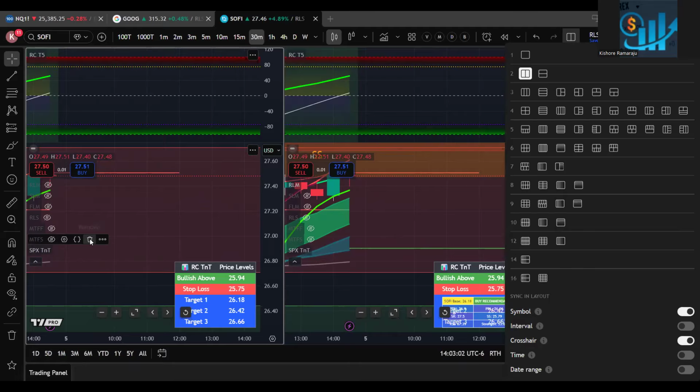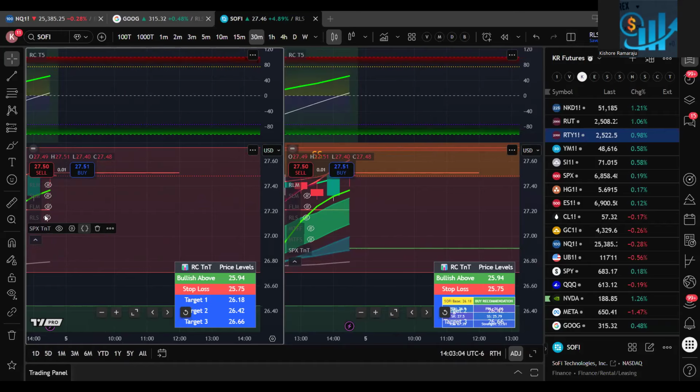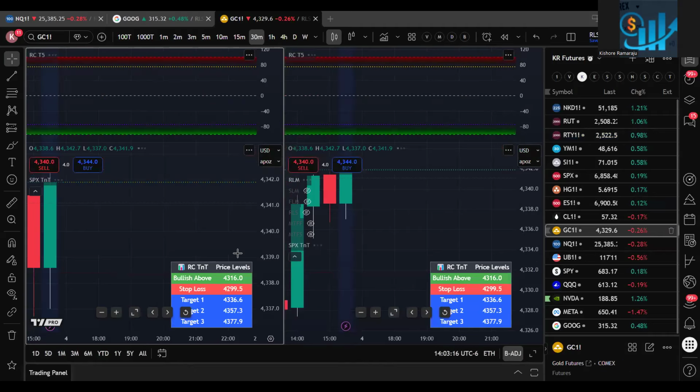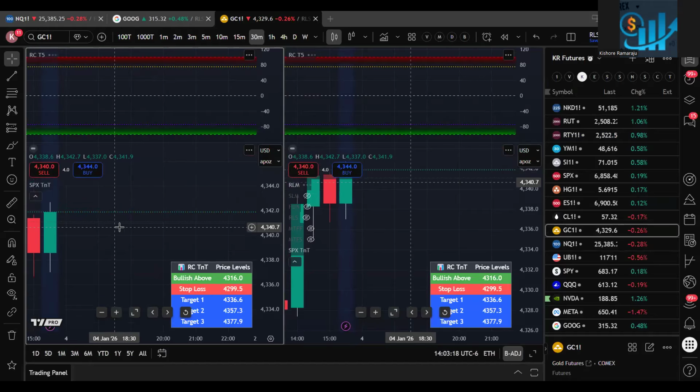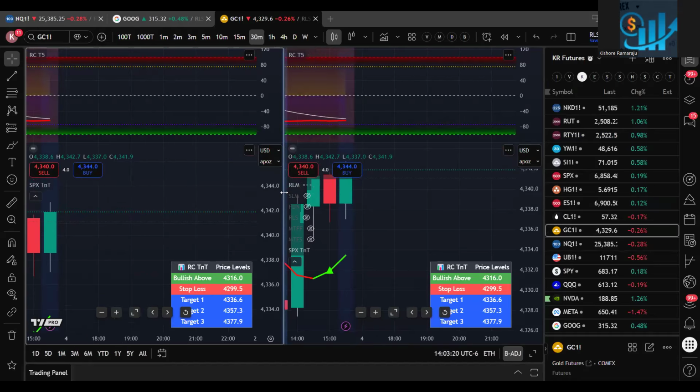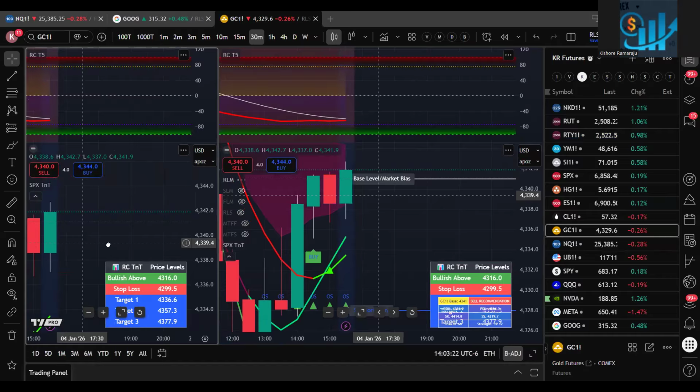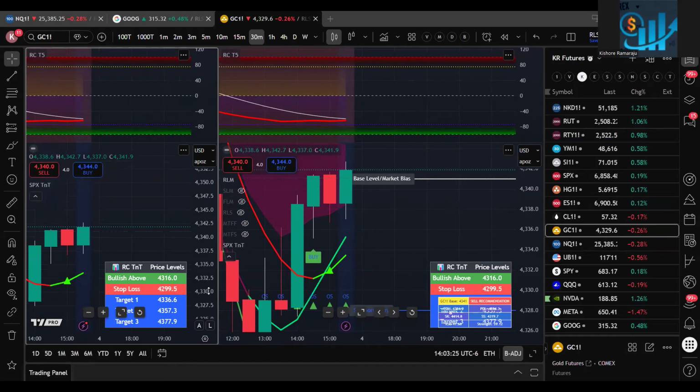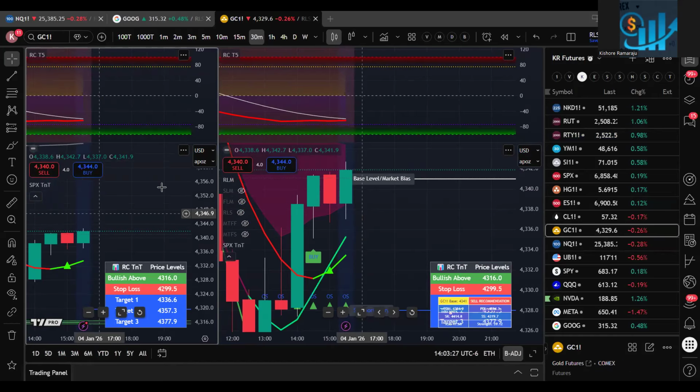I explained this many times, especially for whoever is having a hard time clearing the prop accounts. In one chart, you use the 30 minutes time frame. This will tell you what the trend is in the higher time frame.